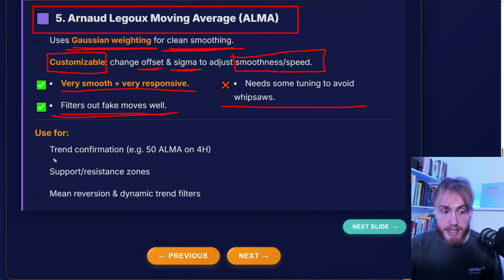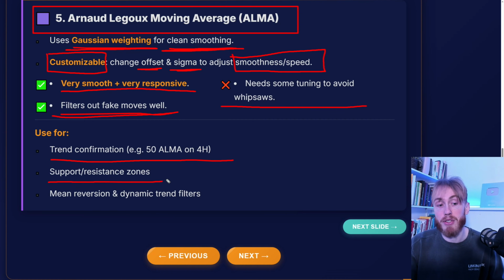Now, as for the use cases, some use cases are, for example, using it for trend confirmation. You can use it for support and resistance zones. Once again, I'm not the biggest fan of support and resistance for moving averages, but so many traders use it, so I still want to include it. You can also use it for mean reversion. What is mean reversion?